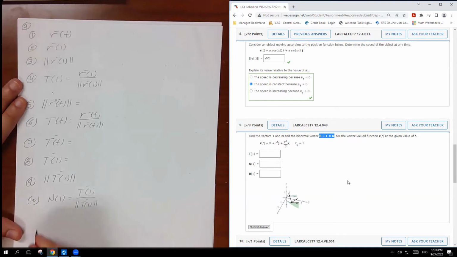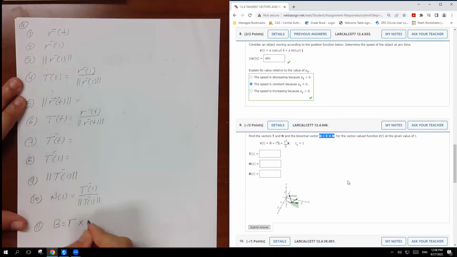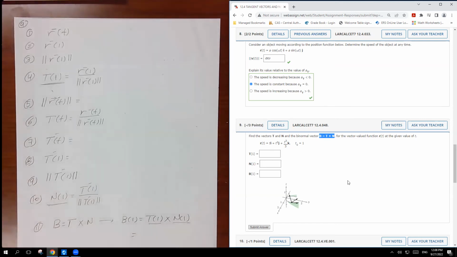Then step 11, b, which is equal to t times n. They ask you to find b of t, that means t of t times the principal normal unit vector. That means you already have this one, which is here. You're going to find it here. And you already have this one here. You're just going to multiply it, and that's it.